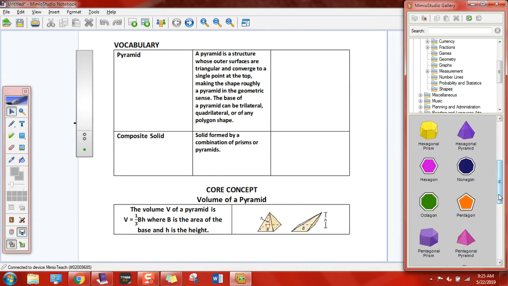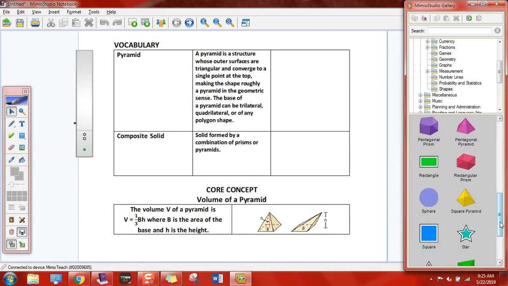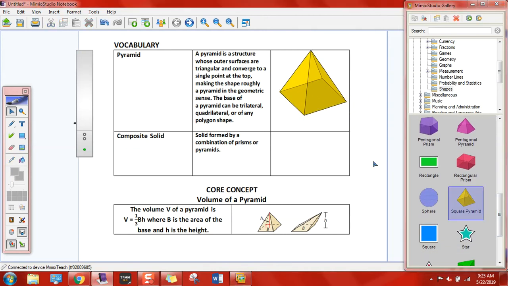What kind of pyramid do I have here? You would draw a hexagon and then pick a point up here and then just draw lines to it, okay? I'll put the square pyramid up here for you. That's kind of what they look like, okay? You can try to draw that, that's fine. I don't care if you do or if you don't, all right?